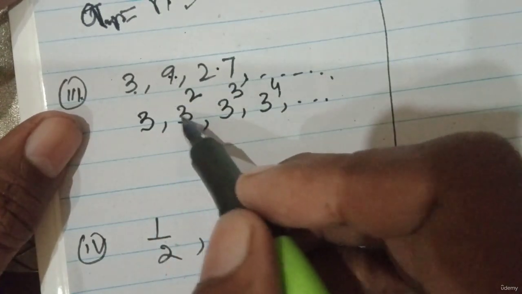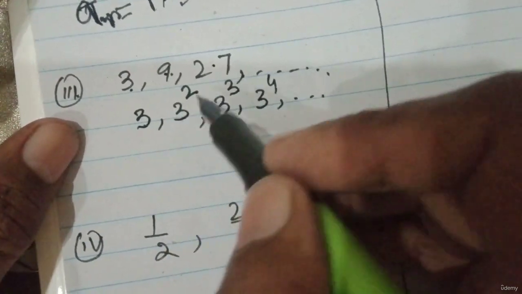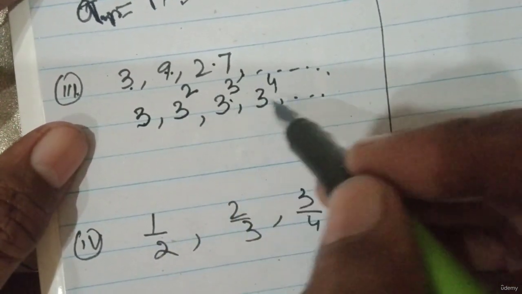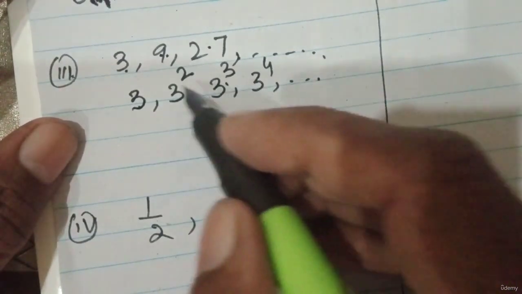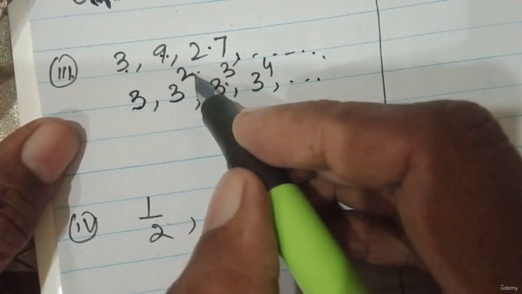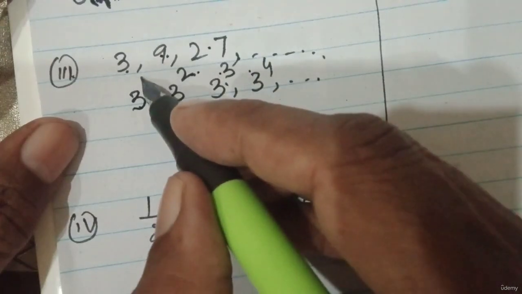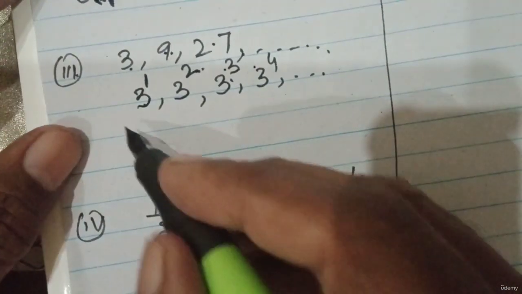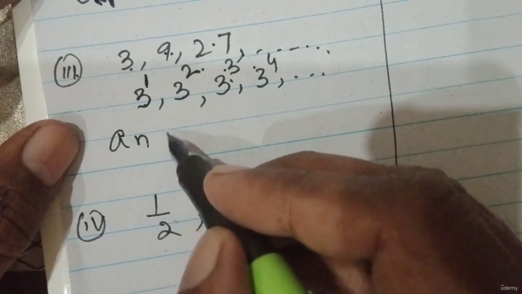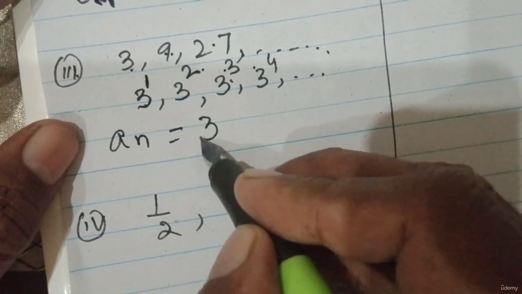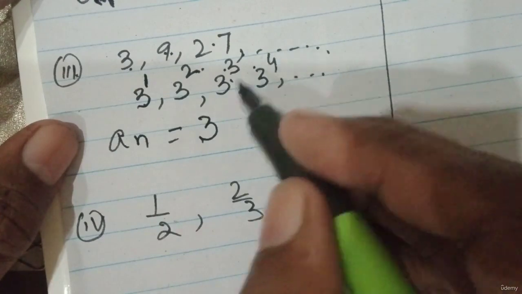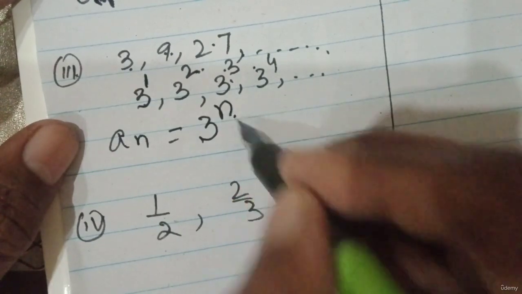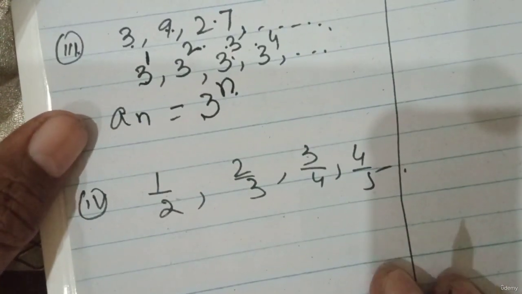So you can see 3, 3 square, 3 cube, and 3 to the 4, and it will continue. Where are the changes occurring? Probably there will be a 1 here, then 2, 3. So our nth term will be, because 3 is a fixed term, where the change occurs, at the top, that is n. So 3 to the power n is our nth term.